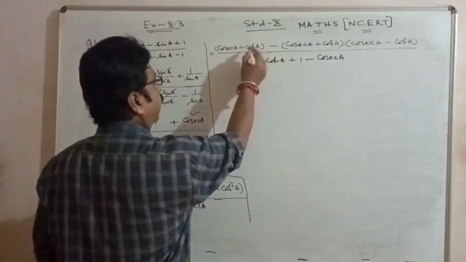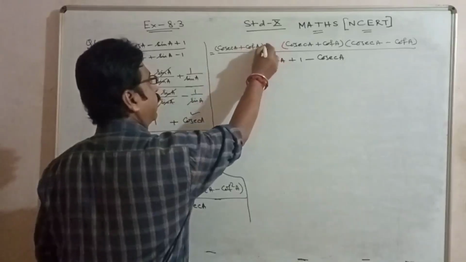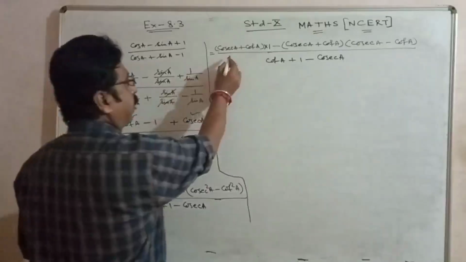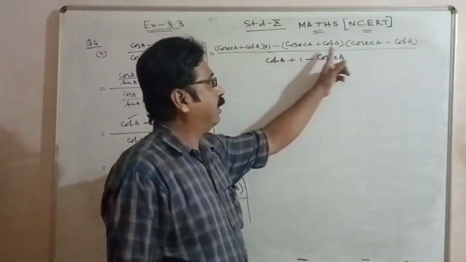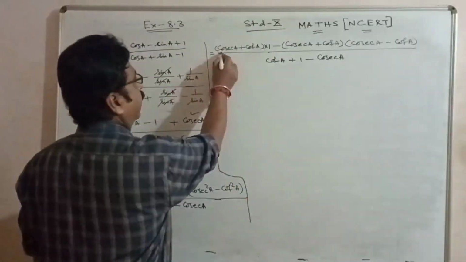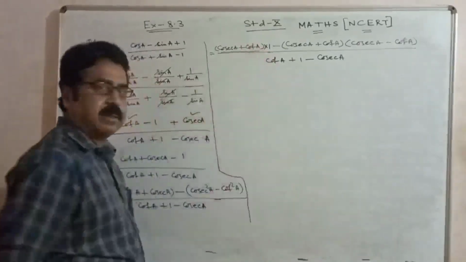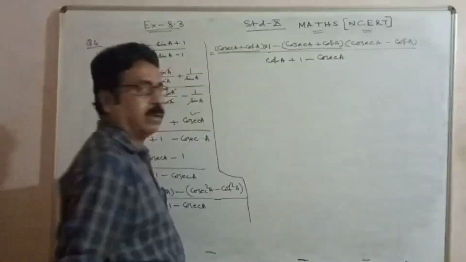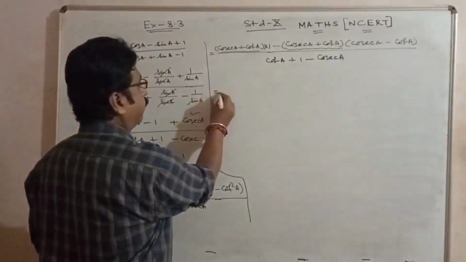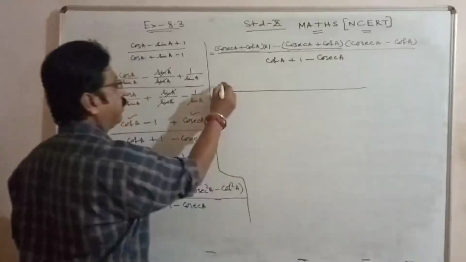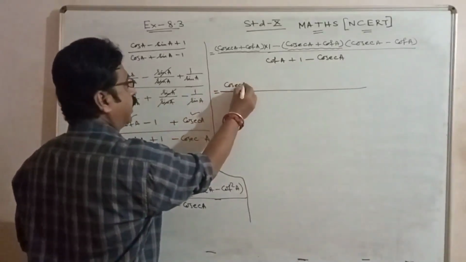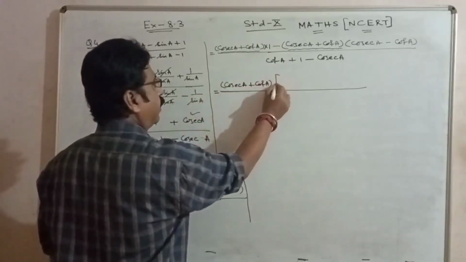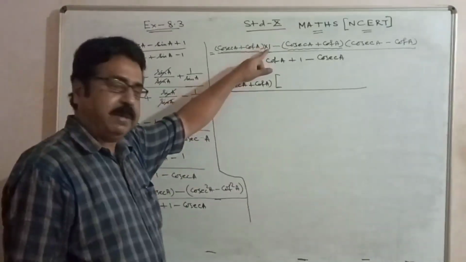Suppose this is cosec A plus cot A into 1, then minus sign. Now from this term and this term, we can take cosec A plus cot A as common. If we take it common, this 1 will be left.